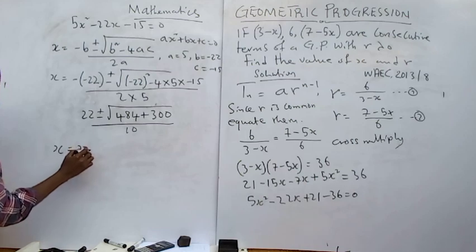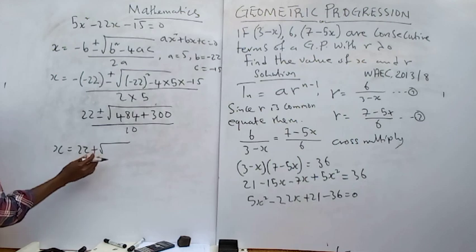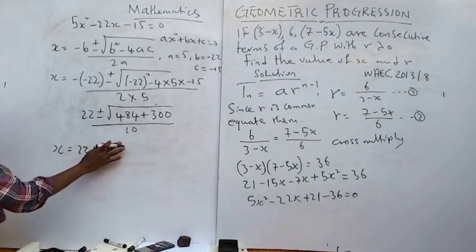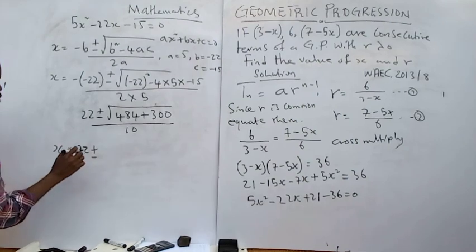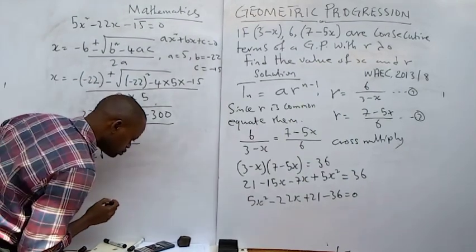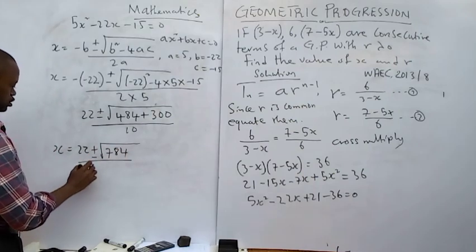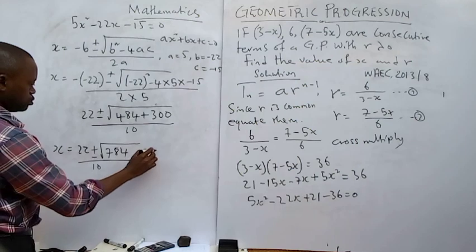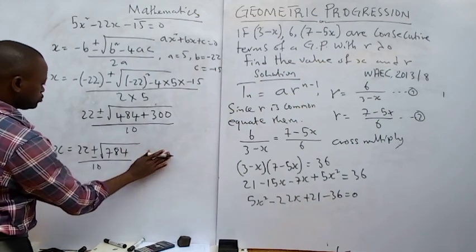22 plus square root of, am I too fast to bring this thing in now? Let me make it plus or minus yet. Okay, square root of 784 over 10. Let me move on.